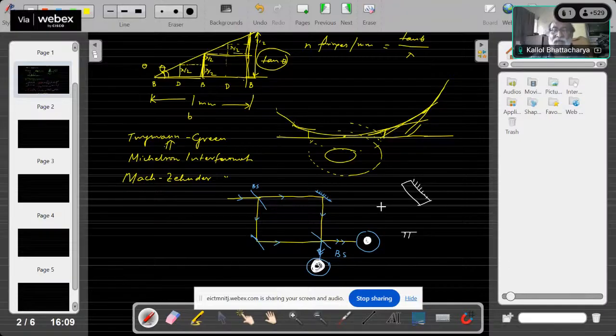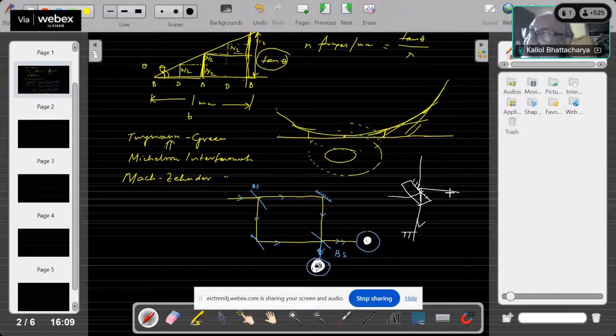So basically, if you analyze this, you will see one reflection from the glass surface, from the air to glass interface. One reflection is here, the other reflection is here, something like this. One reflection from glass to air, the other reflection from air to glass.